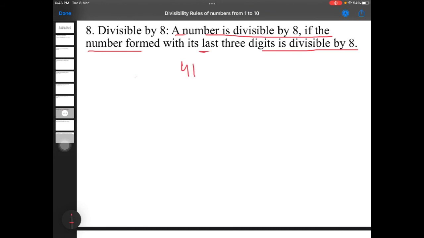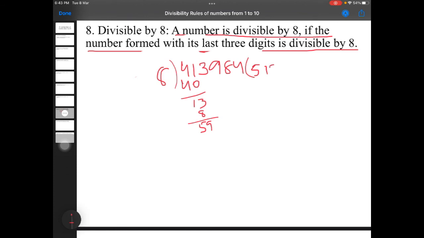The number is 4139884. So 8 here will go with 5, will be 40, and 1 will remain. Then 3 will come down, then we'll go with 1, then 8, then here 5, then 9 will come down.